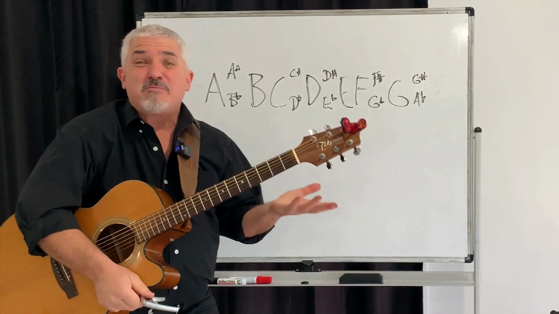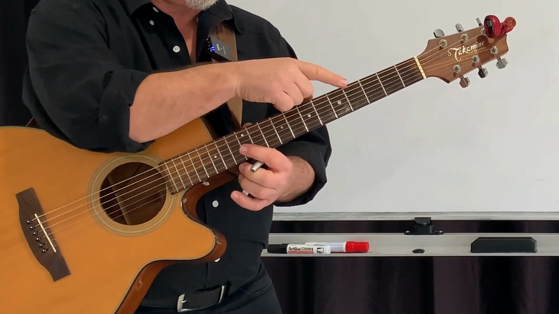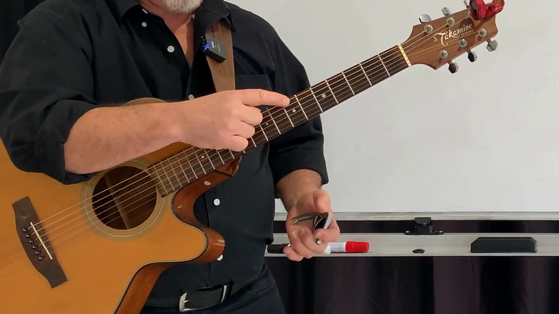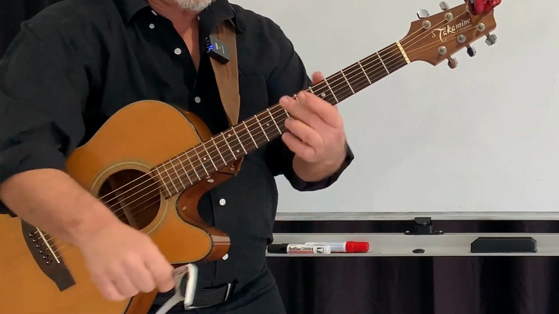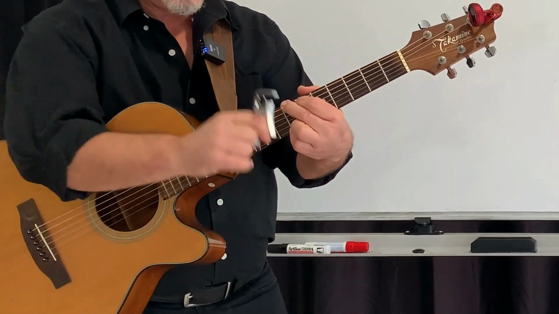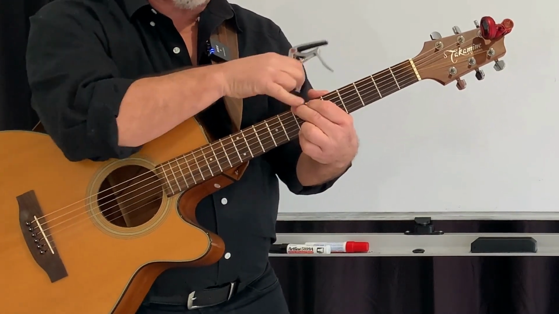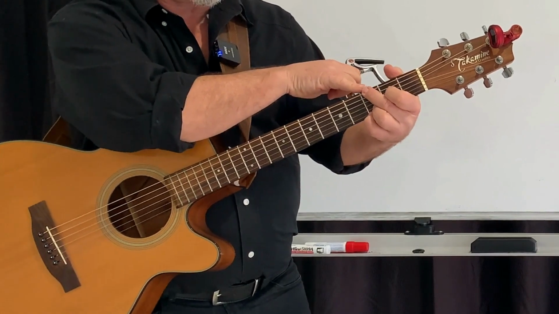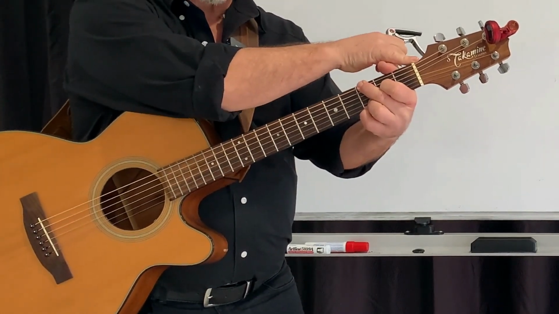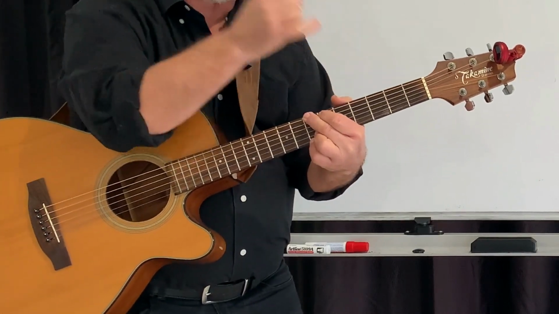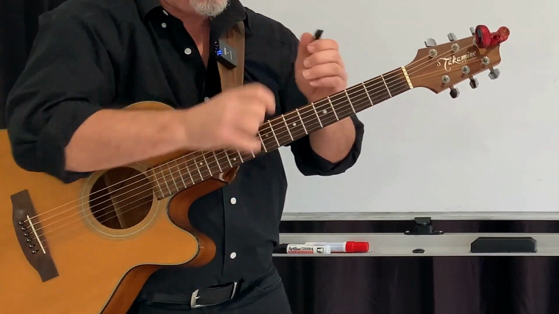All right, so in the key of B, this time we just take our G shape and we're going to play the lower note here for the B. We get a B chord, and then we're going to put the capo back 3 frets. Remember, it's G shapes, 3 frets back to the nut. So if our B is here, we're going to go 3 frets back before we put the capo on.